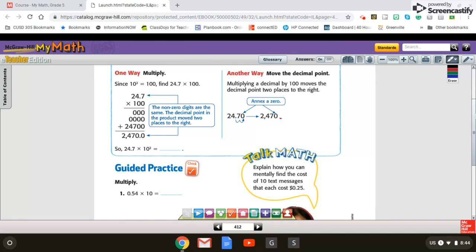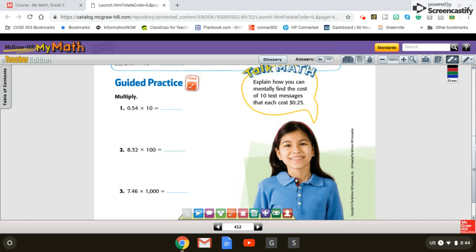Okay. All right. So if you were going to take this one, 54 hundredths times 10, it's times 10. So you're going to move it 1 place. There's 1 zero. Move 1 place to the right. So your answer now becomes 5 and 4/10.